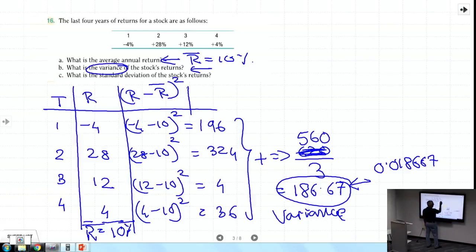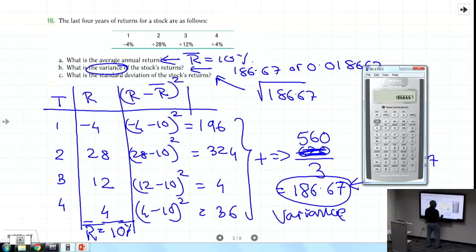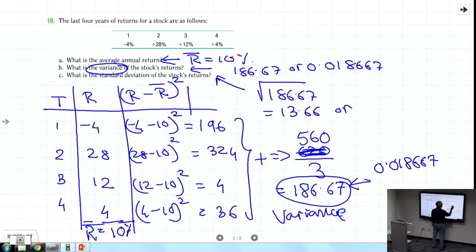You can either write this as 186.67 or 0.018667. Finally, what's the standard deviation? I take the square root of 186.67, which is 13.66. Or I can put this in decimal, 0.1366. Either way would work.